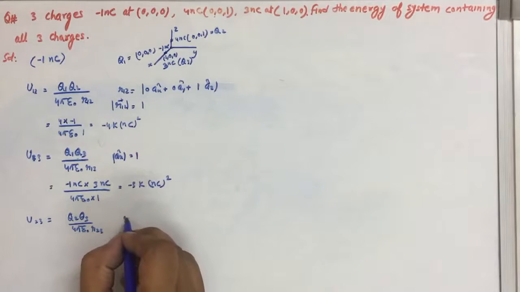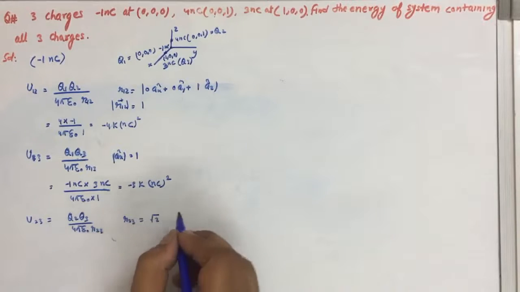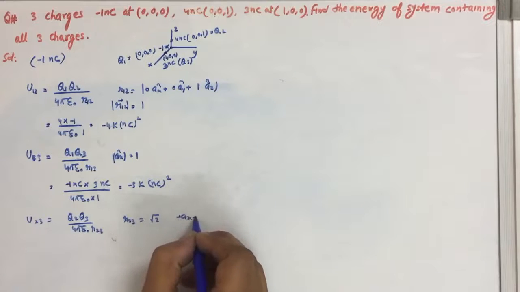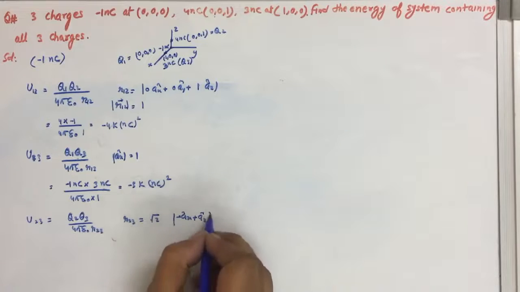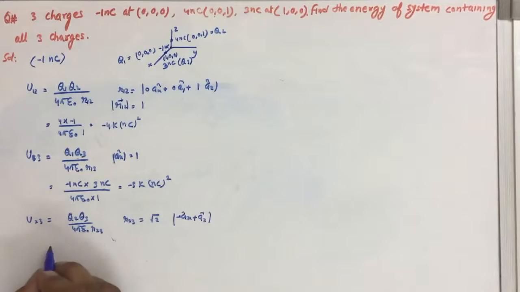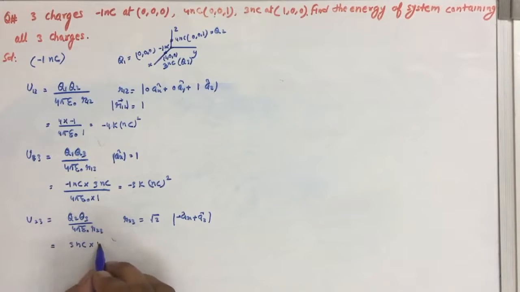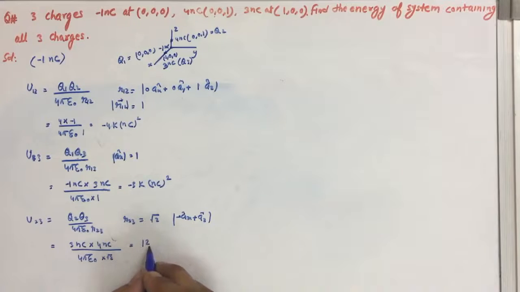So R23 will be √2, because it should be -ax plus az. When you find the absolute value of it, it will give you √2. So from here you can write 3 nanocoulomb into 4 nanocoulomb divided by 4 pi epsilon naught into √2. Now you can say 12K nanocoulomb square divided by √2.